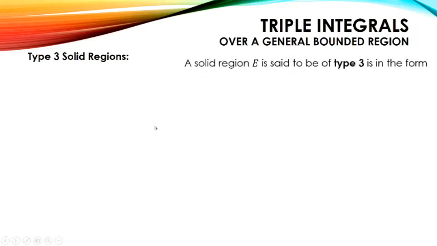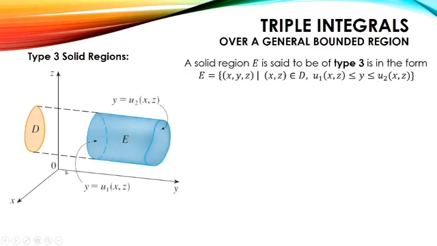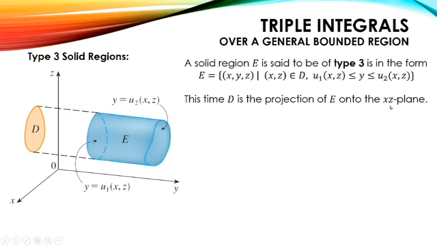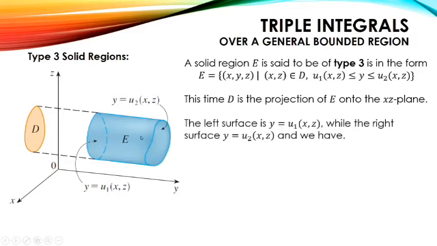Type 3 solid region naman is almost the same, pero this time, ang projection D is onto the XZ plane. So type 1 is onto the XY plane, type 2 is YZ plane, type 3 is XZ plane. And the surfaces are functions of xz.